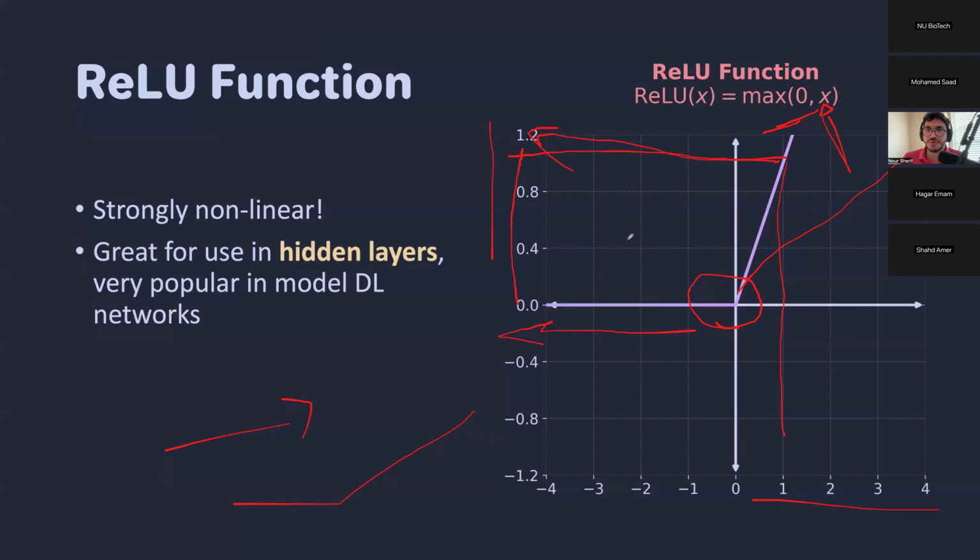For example, you don't really want to use the ReLU function in the output layer. If you're interested in binary classification, you know that you have to use the sigmoid in the output layer. If you do multi-class classification, you have to use the softmax function. There's also a variation of ReLU called the softplus function, which does something very similar to what ReLU does, except that it's smoother, more nonlinear.